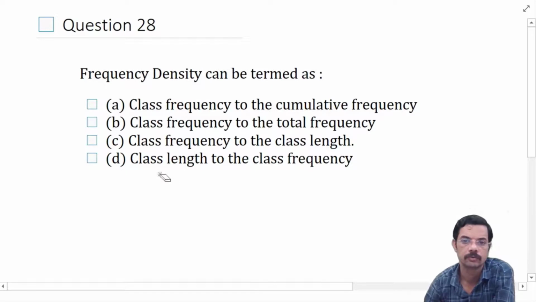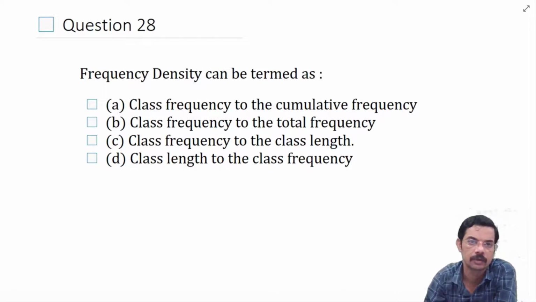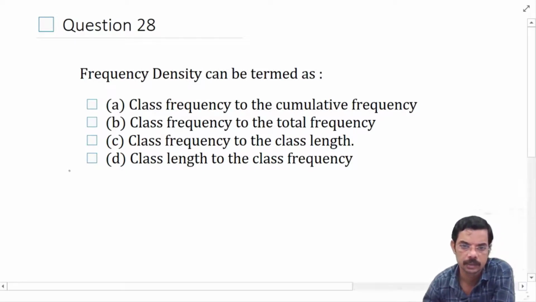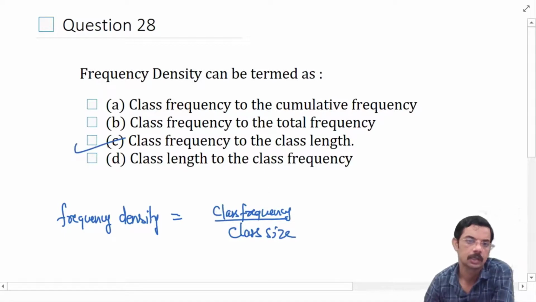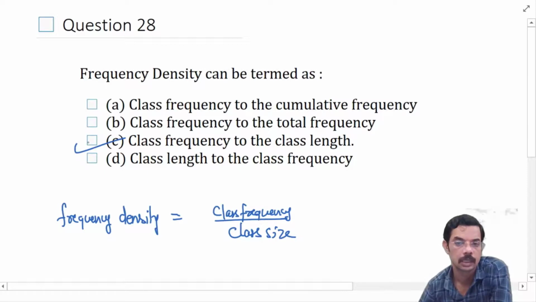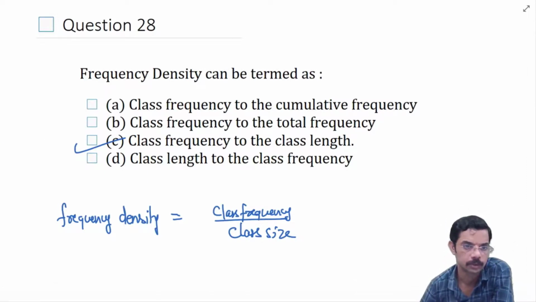All appear to be the same, but what we have studied is that the frequency density will be equal to class frequency by class size, right? Class size means class length. So this is your correct answer: class frequency to the class length. Okay, shall we move on to the next question.